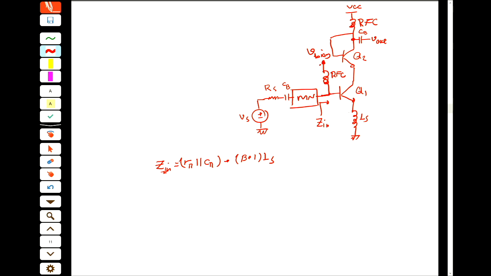So ZCB equals 1 over j omega CB at omega equals 0 should be infinity, and at omega equals omega naught should be very small, for example less than 1 ohm. Okay. Is it clear? Okay.